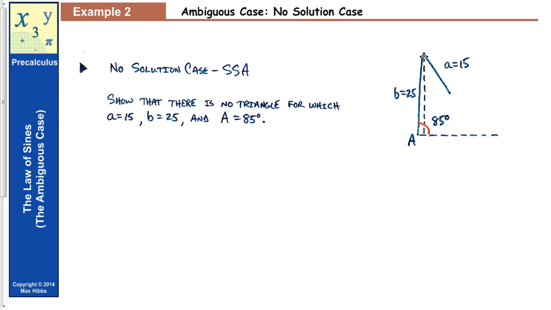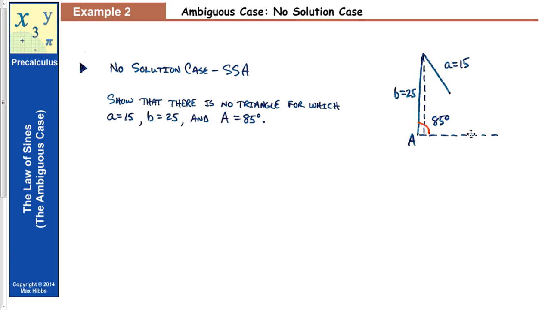Well, side B is 25 units, side A is 15 units, and this is pretty much in scale. And notice then, if this is so long and this angle is so great, there's no way that this side can reach this horizontal. If we have anything less, the angle wouldn't be 85 degrees.